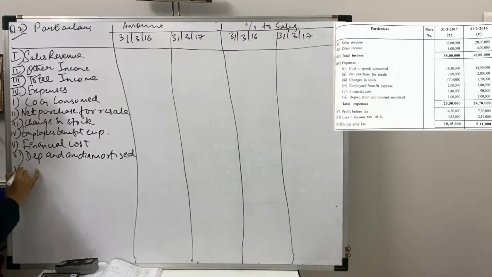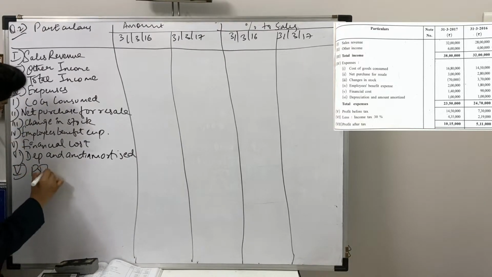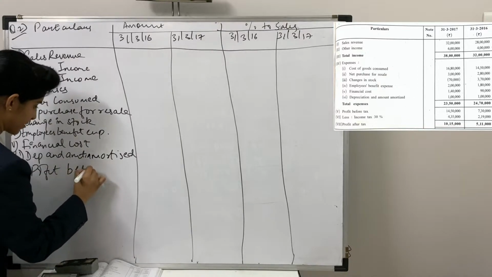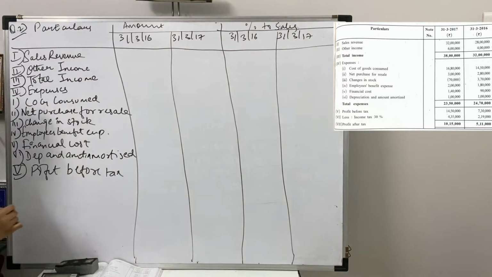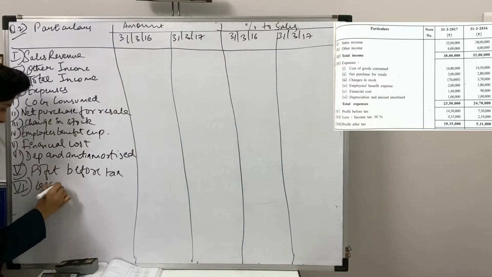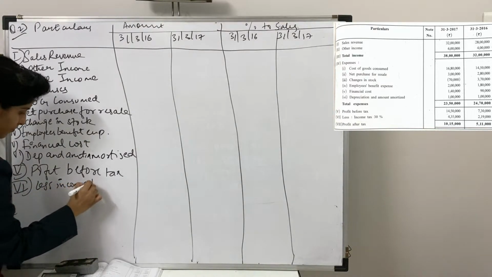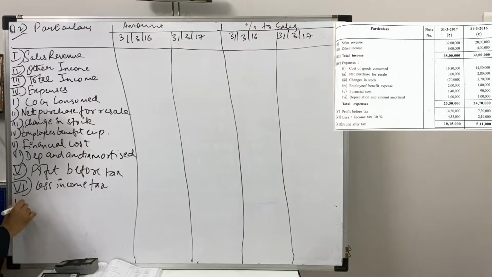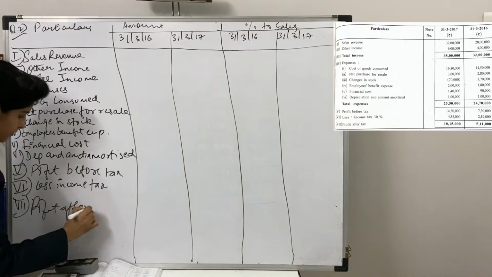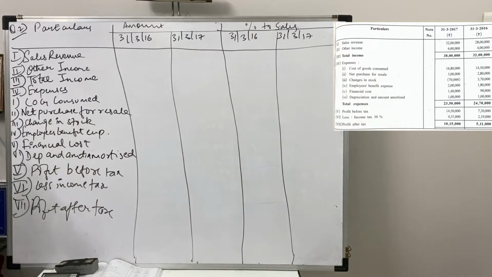Now this is fifth: profit before tax. Now you will subtract your income tax, less income tax. And the seventh one is your profit after tax. Now we'll put on the figures, then we'll find out the percentage.